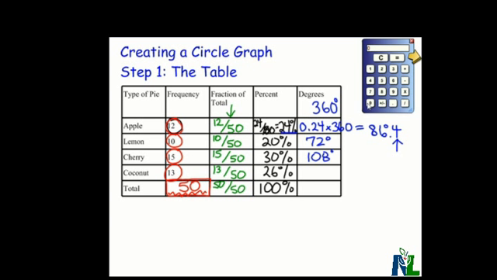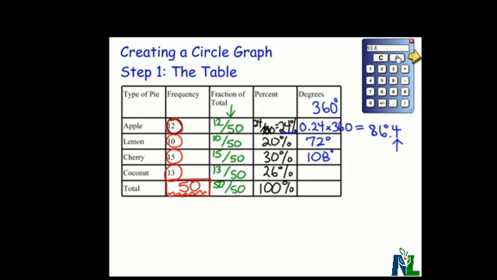And the last one is going to be 0.26 times 360. Our calculator's a bit sticky. 0.26 times 360.